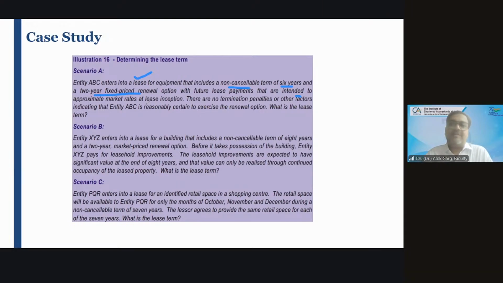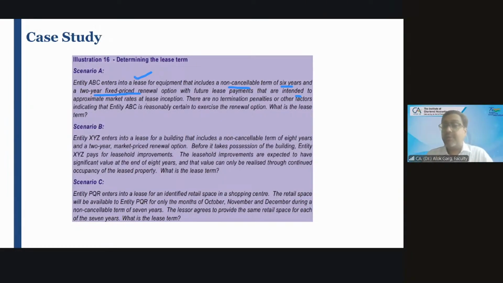So you need to check whether the lessee is reasonably certain to exercise the renewal option. In this case, first of all, the renewal is happening at a market rent. Whatever market rent will be there, that will be the renewal rent.